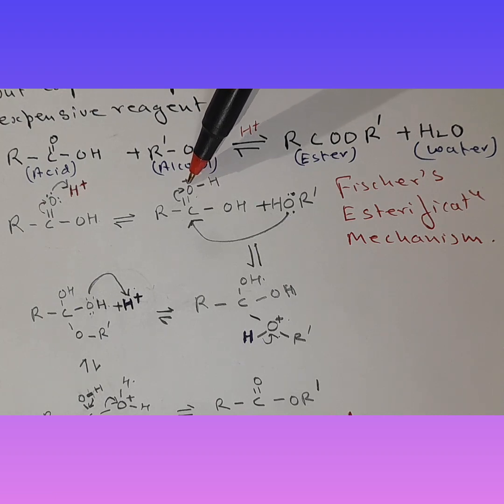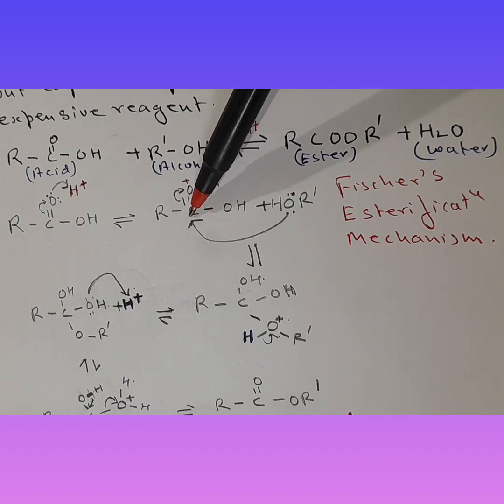So to satisfy this plus charge, I already told you earlier that whenever there are two bonds, one is a sigma strong bond and one is a pi weak bond. So this bond shifts over to oxygen to satisfy its positive charge. Alright, now when it does so, carbon gets positive charge, it becomes a cation.